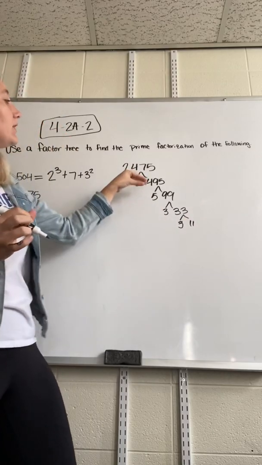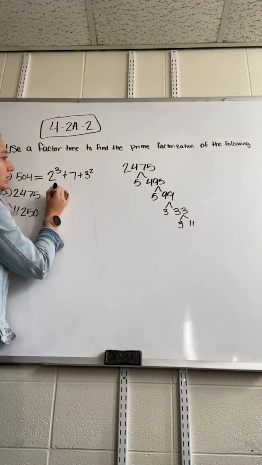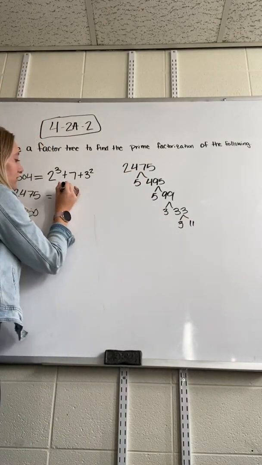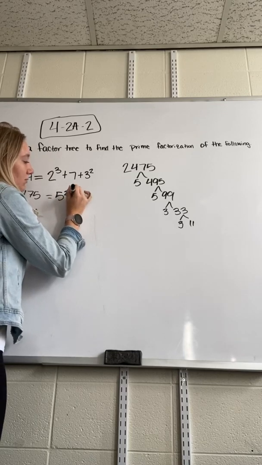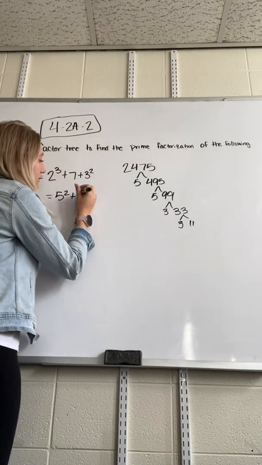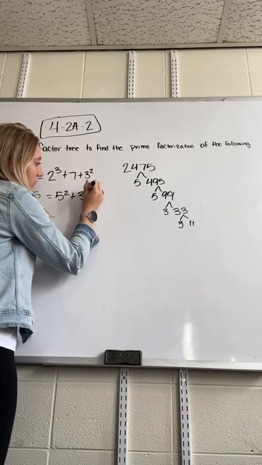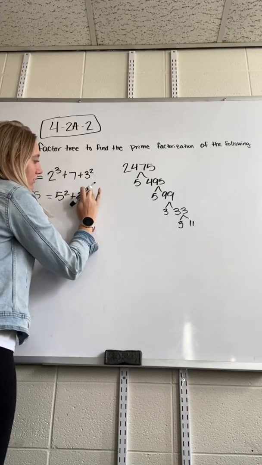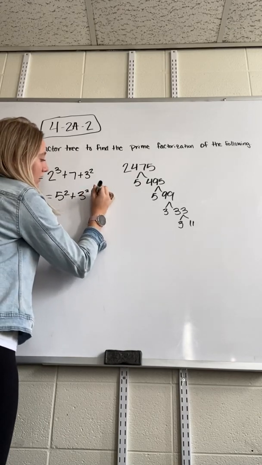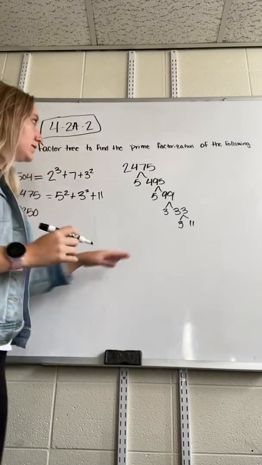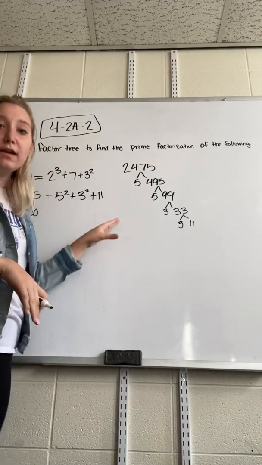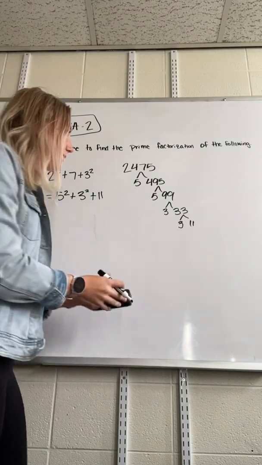But we can simplify this: we have two 5's, so 5 squared, times two 3's, so 3 squared, and then 11. So that is how we do 2,475.